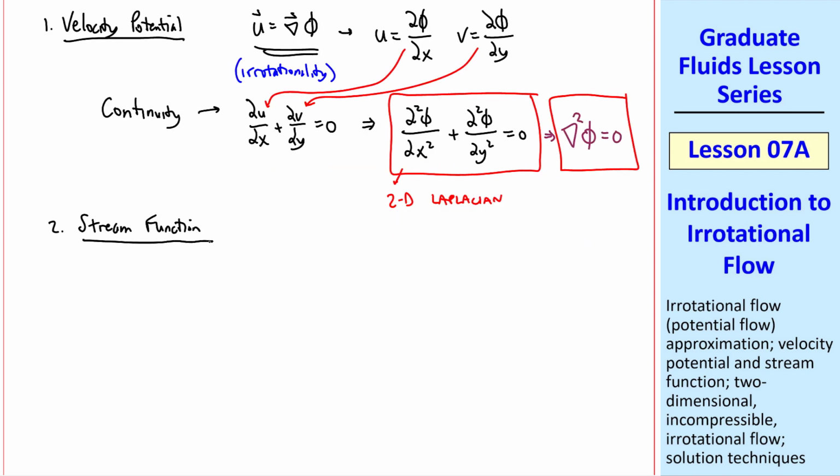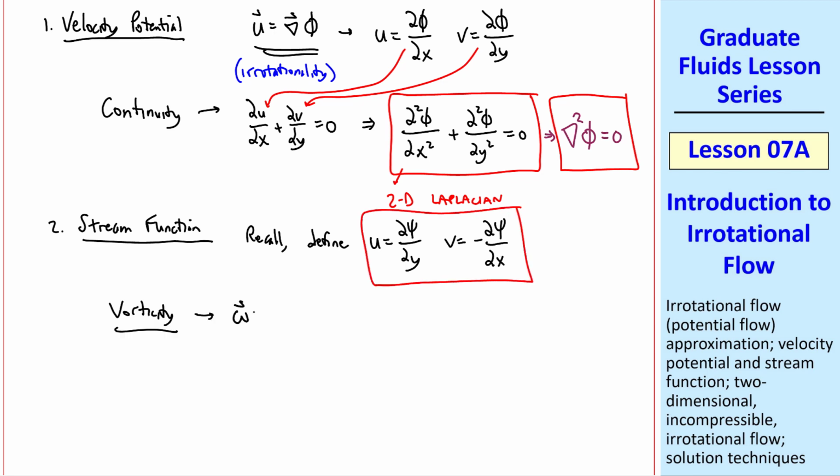Now consider the stream function. Recall that we can define the stream function psi by its derivatives, u equal del psi del y and v equal negative del psi del x. But by definition of vorticity, omega is del cross U. For a 2D flow, omega z is the only non-zero component, and omega z is del v del x minus del u del y.